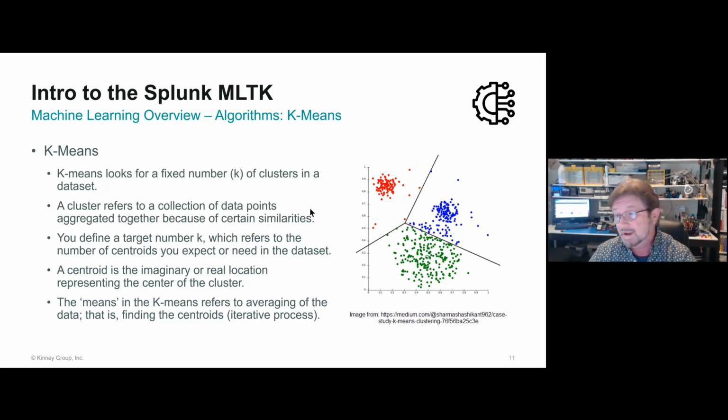And that's how this works. Basically, you specify how many groups you want to divide the data set into, and you have to get that right if you want an optimal outcome. But it divides it into what are called centroids, the imaginary or real location that represents the center of each cluster.